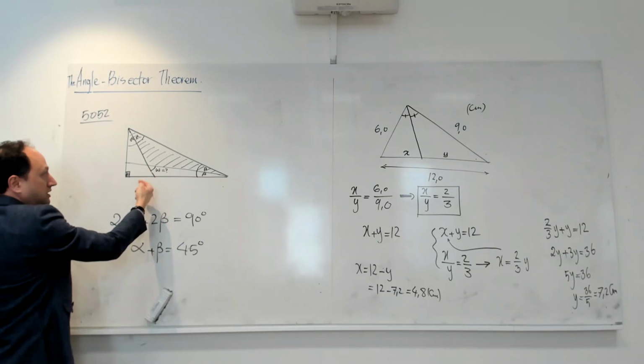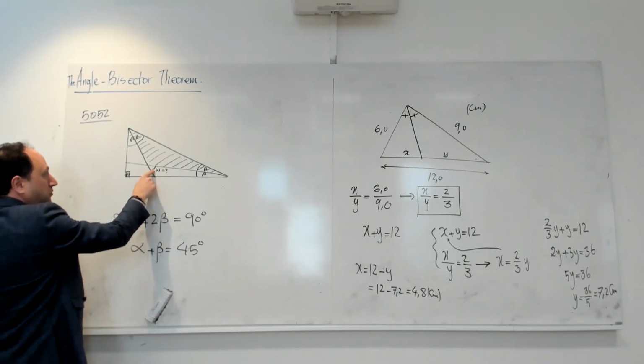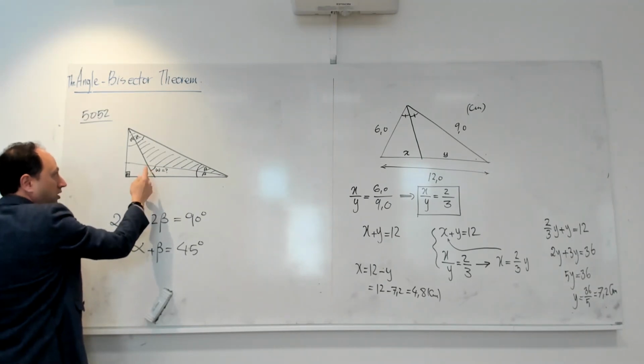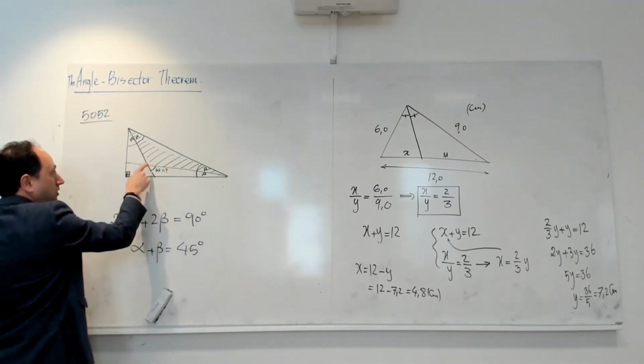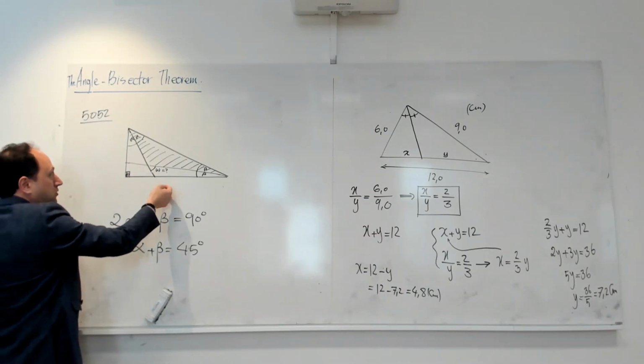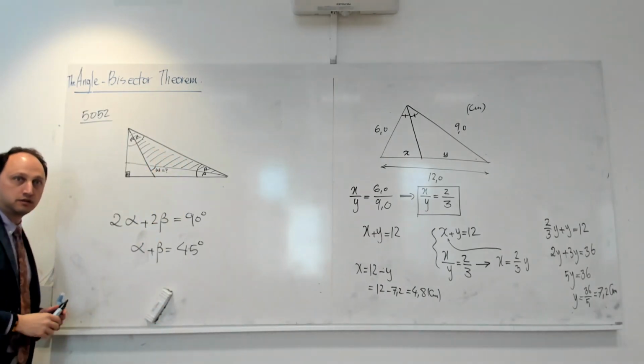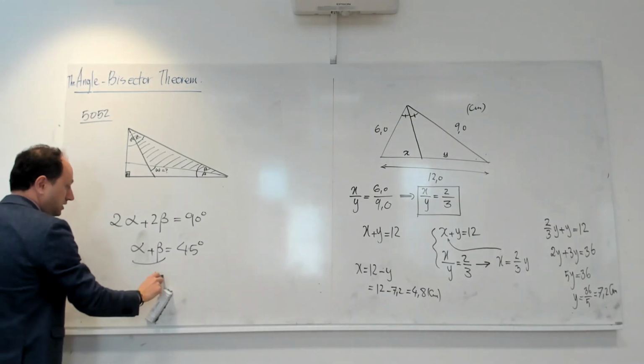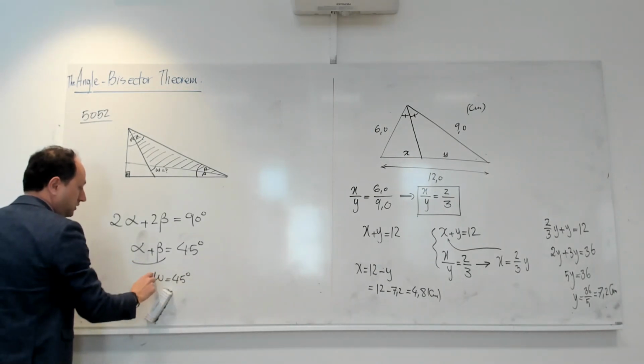It's an extremely important theorem to remember that an exterior angle is equal to the sum of the two interior angles which are not adjacent to it. So it's alpha plus beta. This means that this is nothing except W. So W is always 45 degrees.